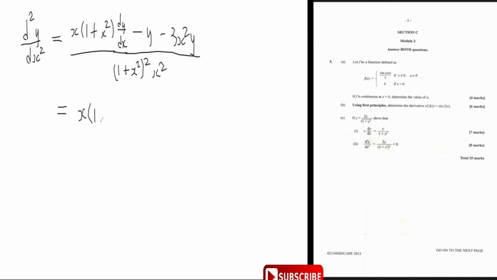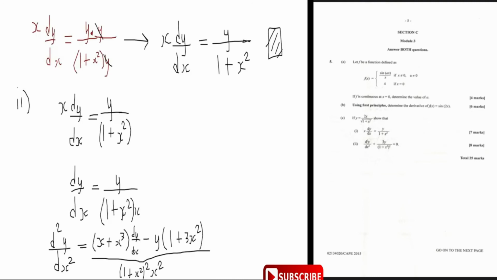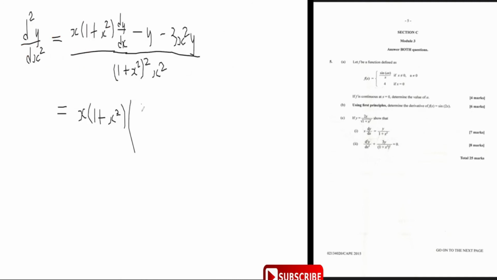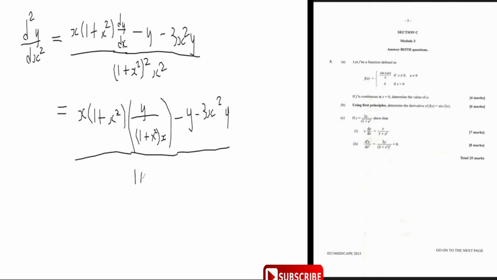So it's x times 1 plus x squared, times dy by dx, which is y over 1 plus x squared times x, minus y minus 3x squared y, over 1 plus x squared, all squared, times x squared.